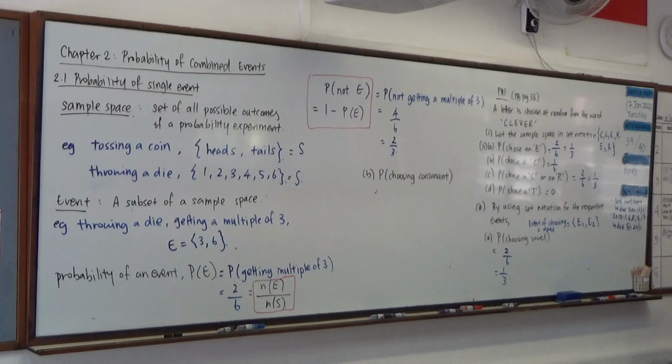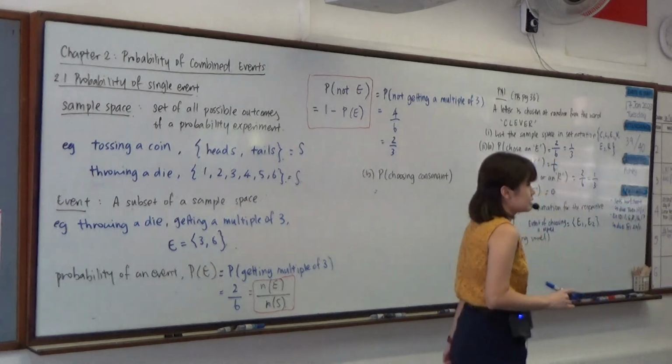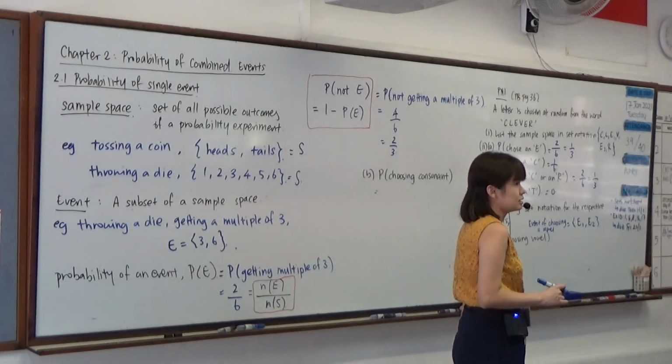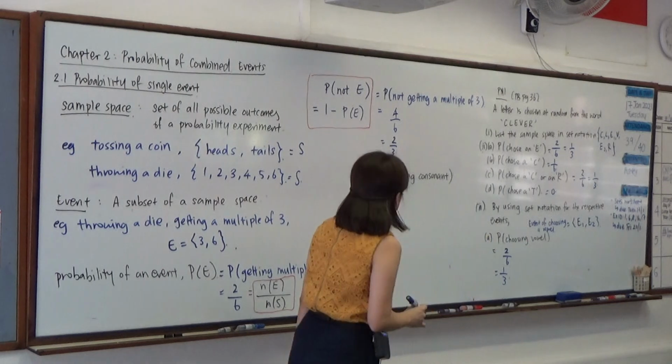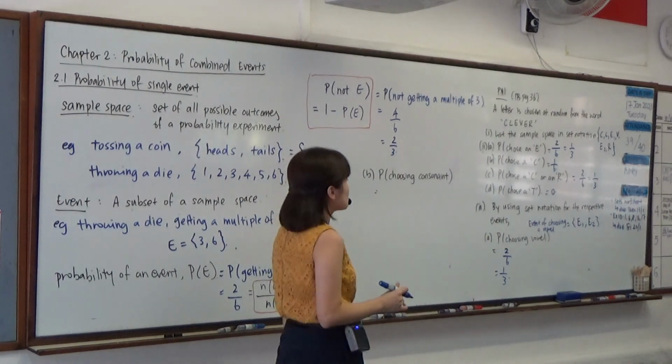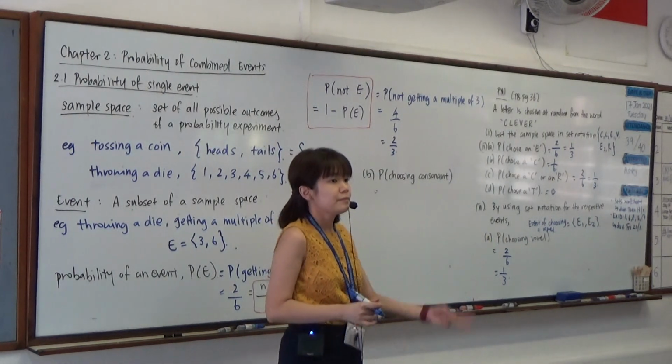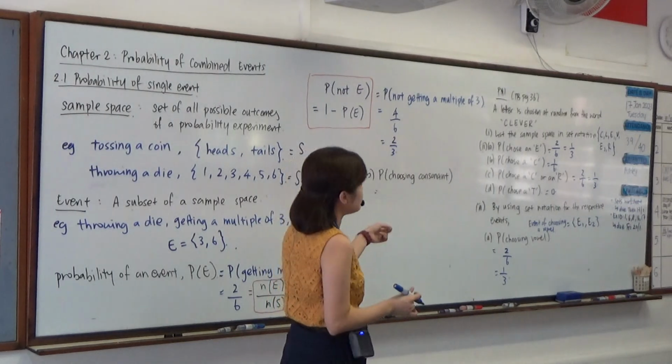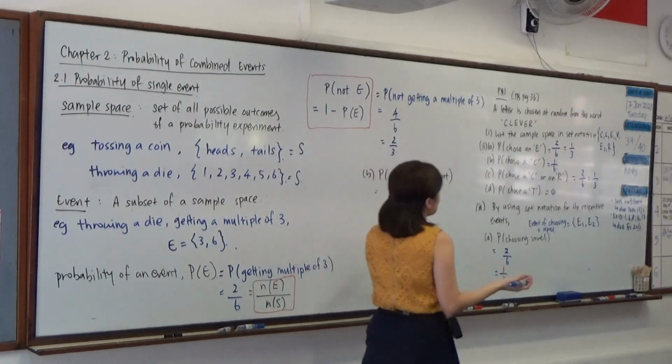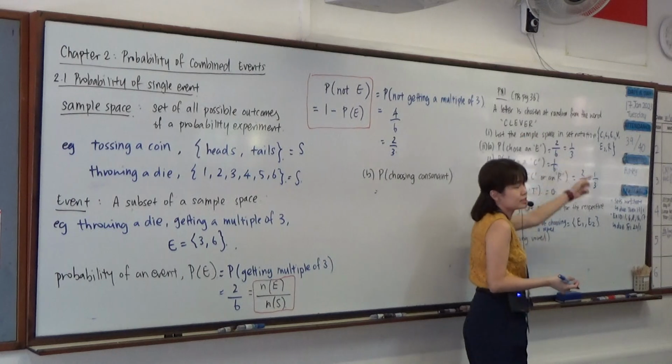Then in part B, probability of choosing a consonant. Okay, there are two ways that you can solve. In this question itself, you may want to go about counting how many consonants are there.